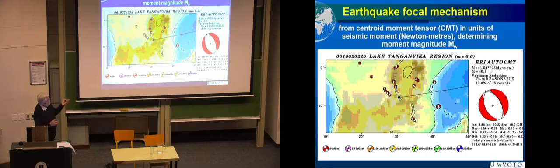And you will see on these maps these little, we call them beach ball diagrams. In this case, that Tanganyika earthquake that I mentioned, magnitude 6.6. The surface wave magnitude is 6.6.